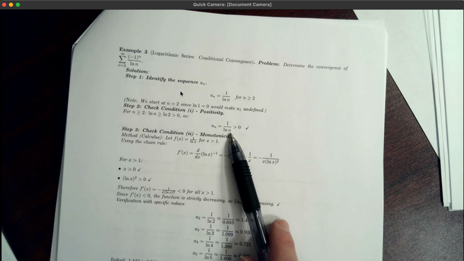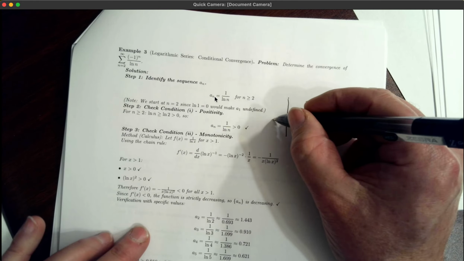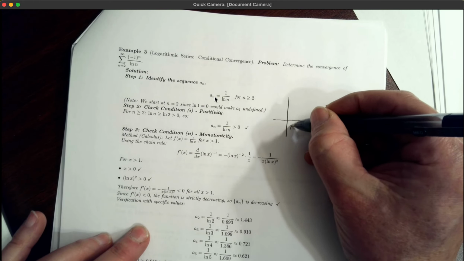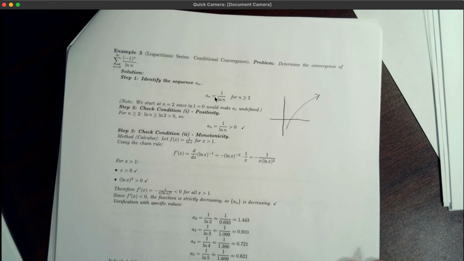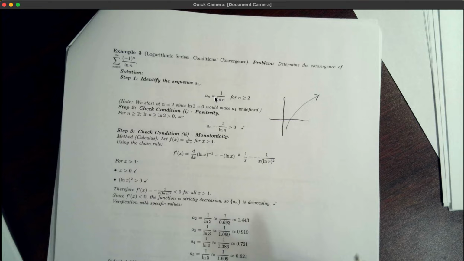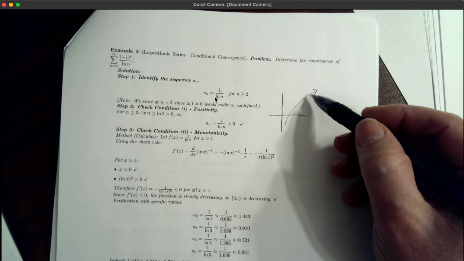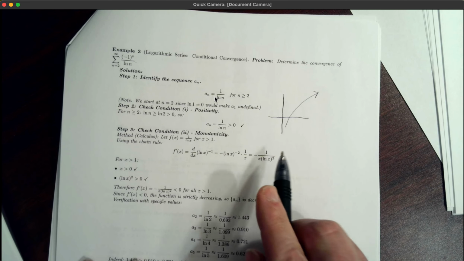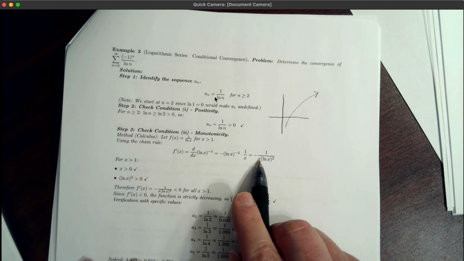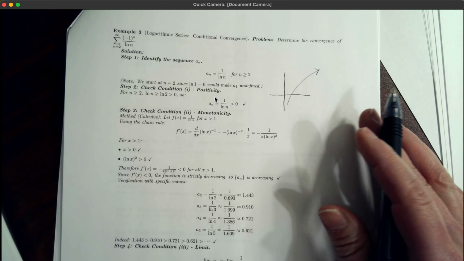If you memorize the graph of the natural log, you know that it's a strictly increasing function. So if you take its reciprocal, it has to decrease. The 1 over an increasing function is a decreasing function. So yes, it is a decreasing function.